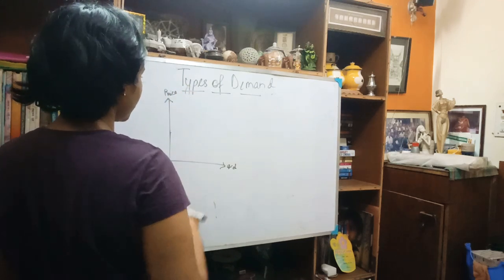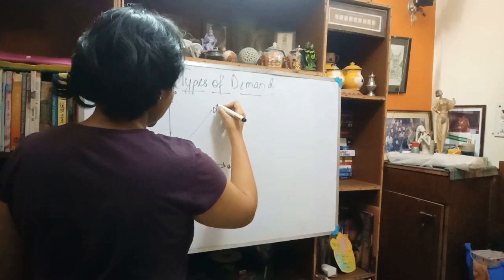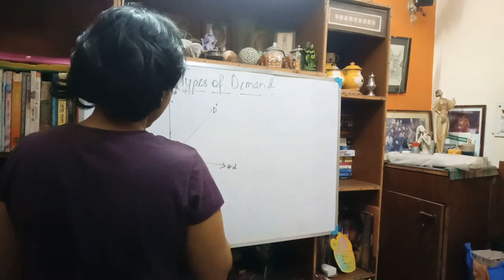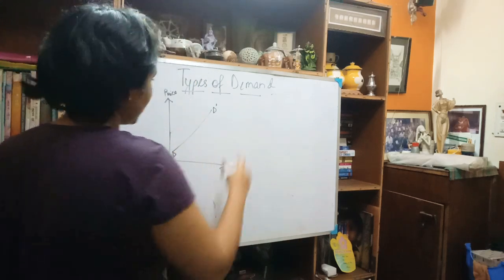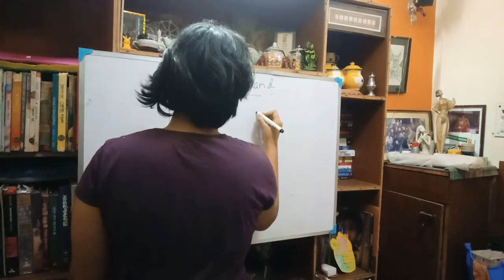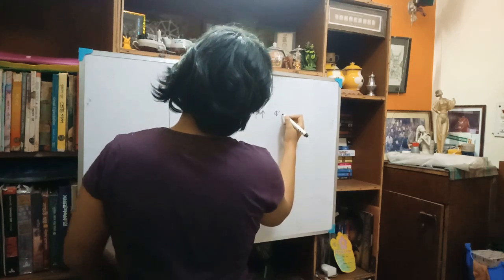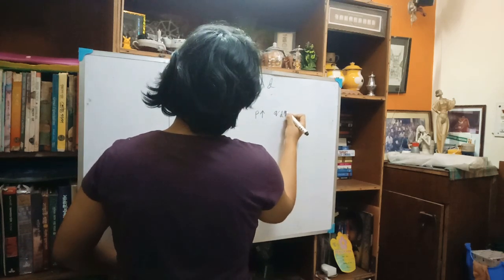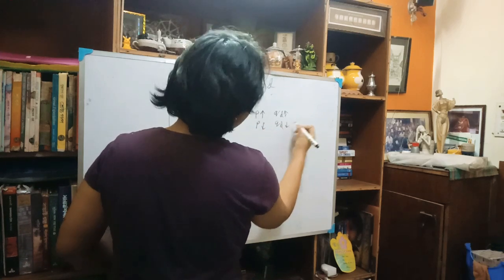This is the origin. The demand curve, DD dash, is upward sloping. Why is it upward sloping? It is upward sloping because when the price is increasing, the quantity demanded is also increasing. The price is decreasing, quantity demanded is decreasing.